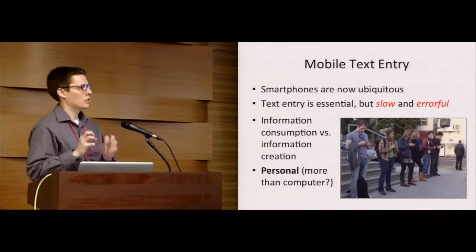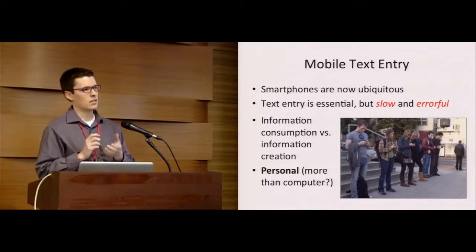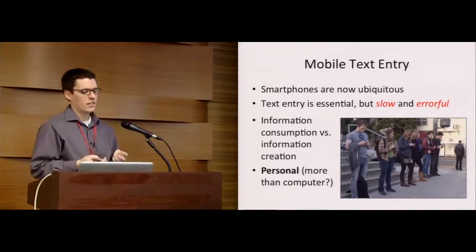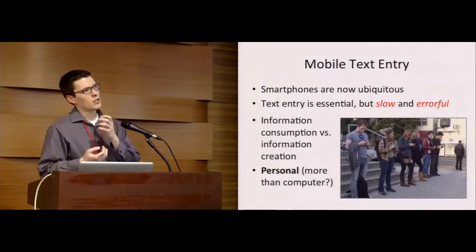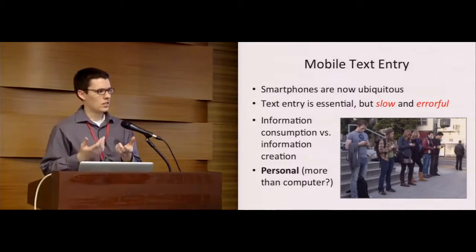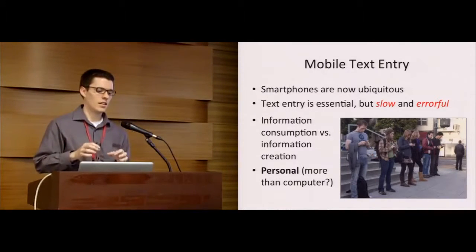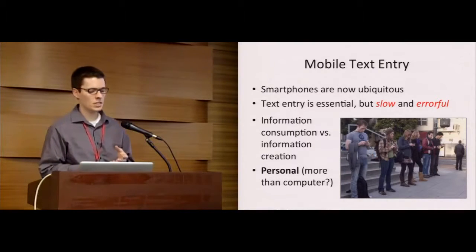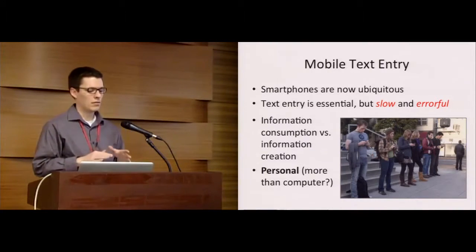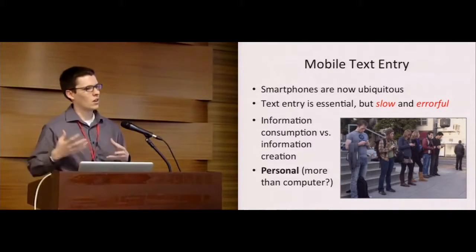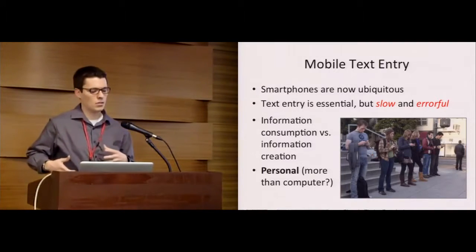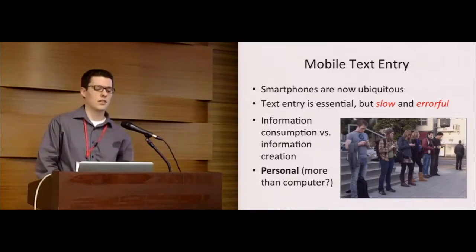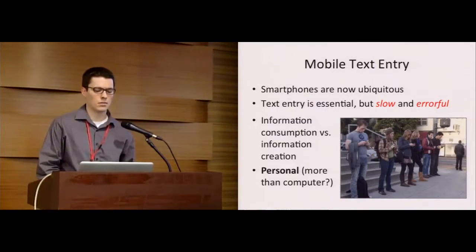And that difference between a standard keyboard and a smartphone contributes somewhat to this effect that a smartphone is more of an information consumption device and a computer is more of an information creation device. And another thing about smartphones is that they're very personal. It's on your person at all times, even more so than perhaps a laptop. So that's an interesting feature of smartphones.